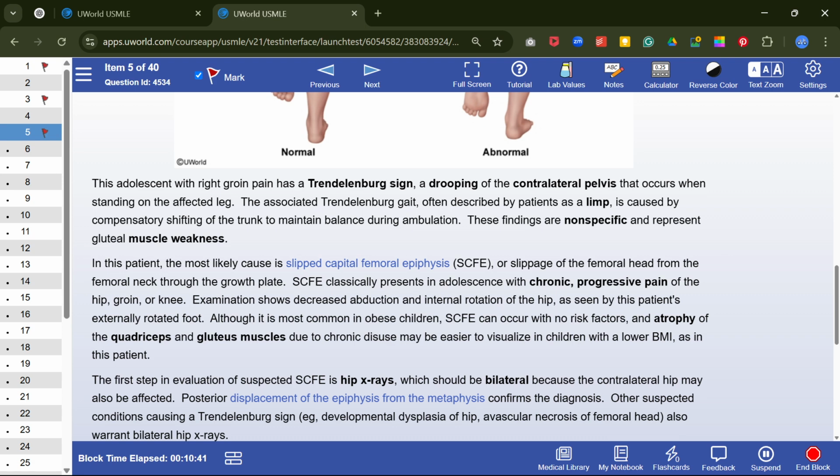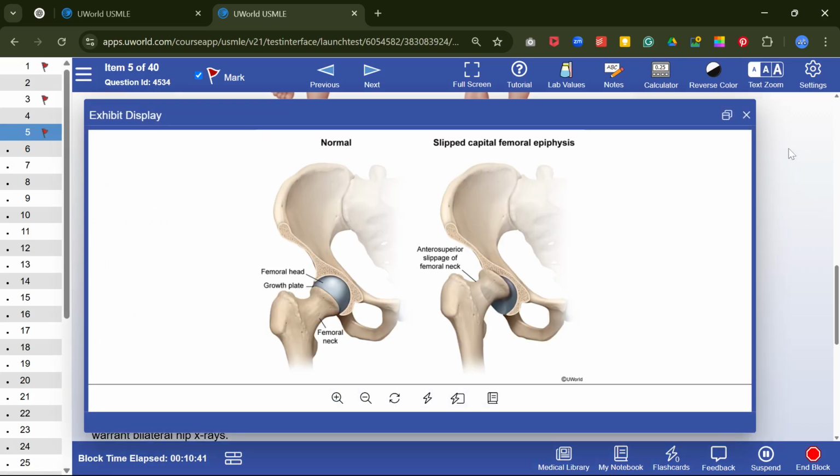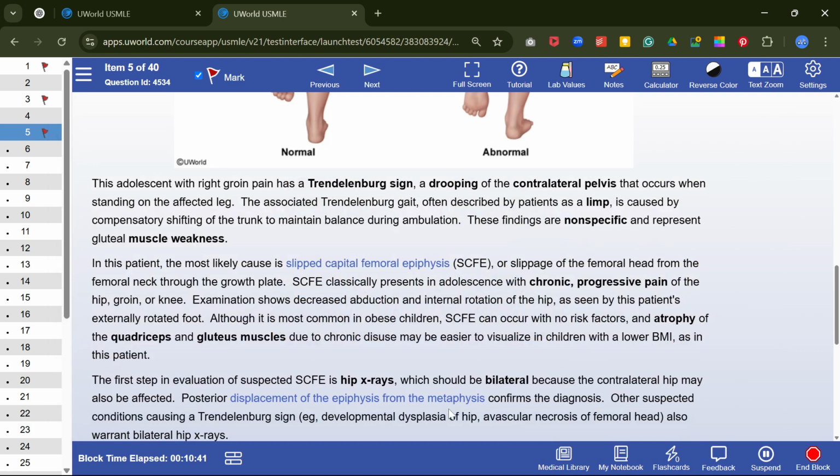In this patient, the most likely cause is slipped capital femoral epiphysis, or slippage of the femoral head from the femoral neck through the growth plate.